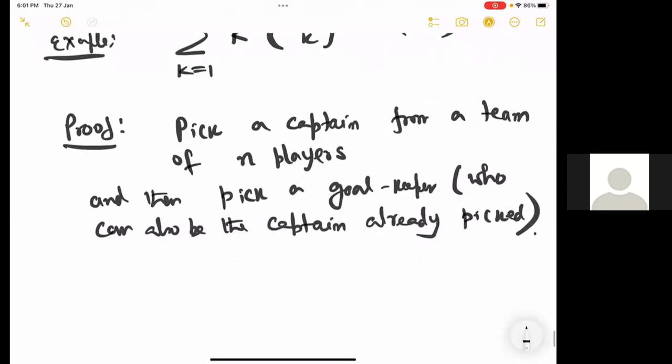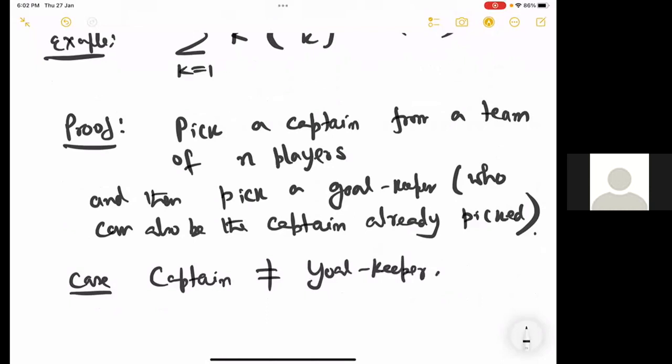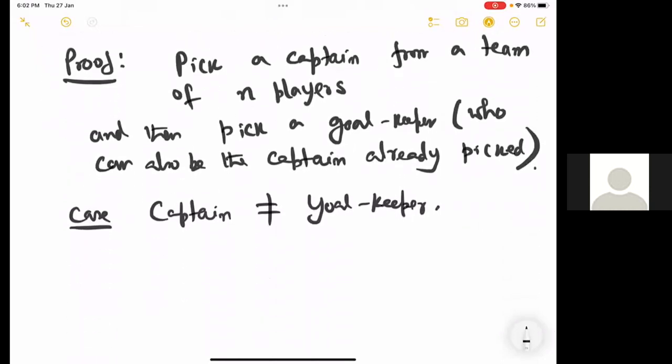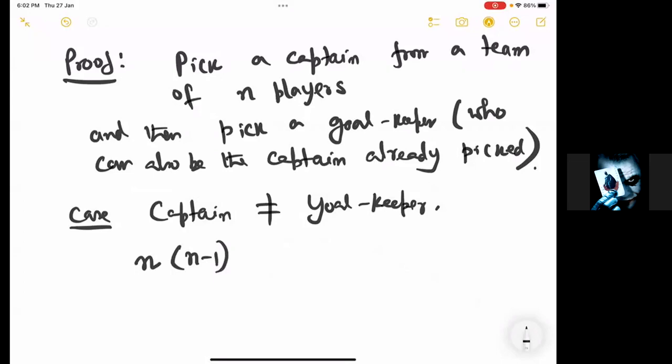Okay, so first assume the case where the captain is not equal to the goalkeeper. Pick your captain in n ways, pick your goalkeeper in n minus 1 ways, and you are left with n minus 2 players to choose from.